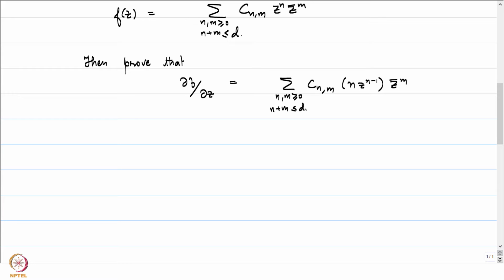This is at the point z. And how is the derivative dou f by dou z bar defined? Dou f by dou z bar at any point z is going to be, this is what we have to prove, the summation over n, m greater than or equal to 0, n plus m less than or equal to d, of c n m z to the power n, m z bar to the power m minus 1.